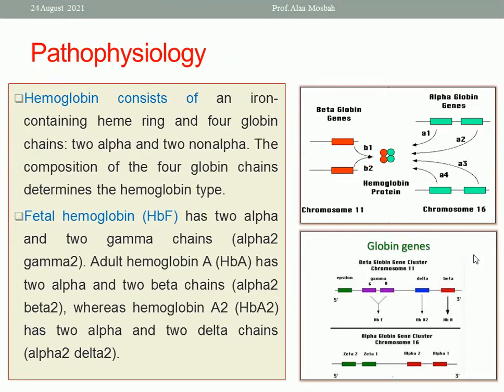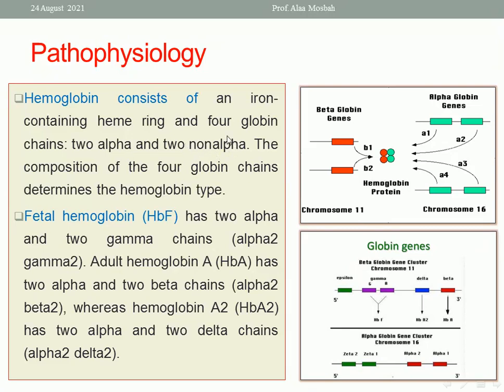What about the pathophysiology? Please look at these two pictures about the globin chains. Hemoglobin consists of an iron-containing heme ring and 4 globin chains. What about these 4 globin chains? 2 alpha and 2 non-alpha.